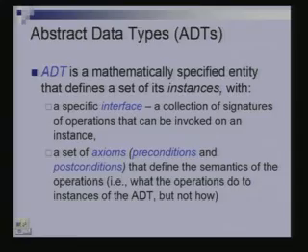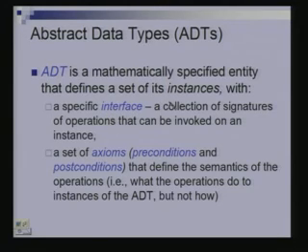Similarly, we will define data types in this course, and we will define certain operations on those data types. Those operations would be defined through what is called an interface, which is basically giving us the signature of the operation: what are the parameters that the operation requires, and so on. And then we will also specify the results of those operations through a set of axioms.